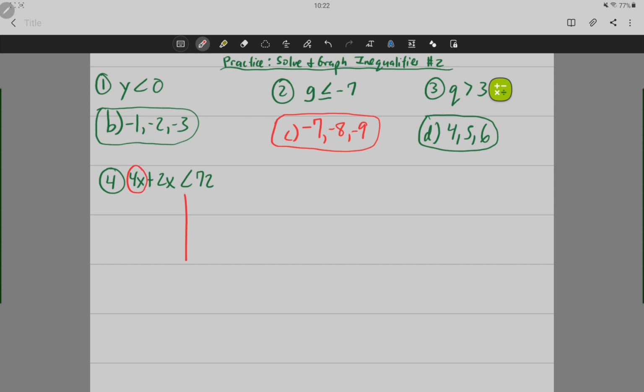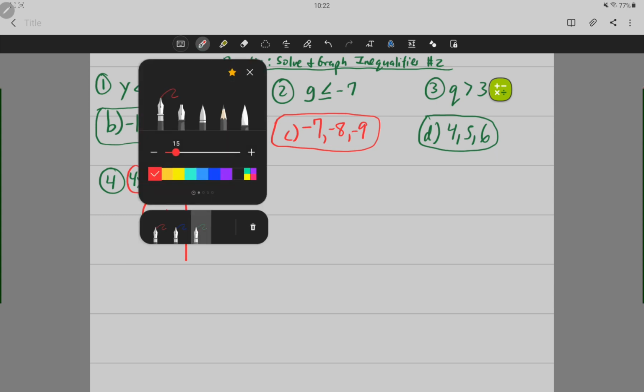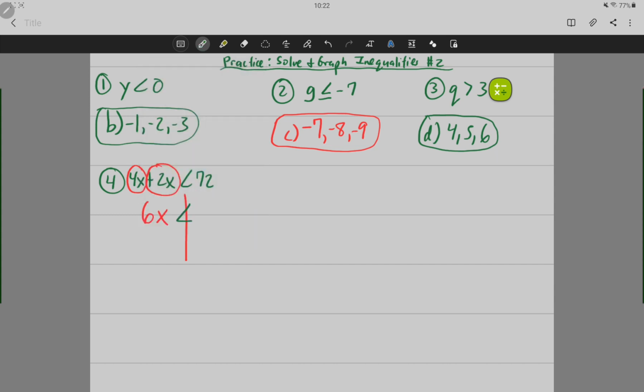It says 4x plus 2x. So 4 plus 2 is 6. So we get 6x. And then we just bring down our less than symbol, bring down our 72. And by combining the like terms, now we only have one term on the left, which is the 6x.